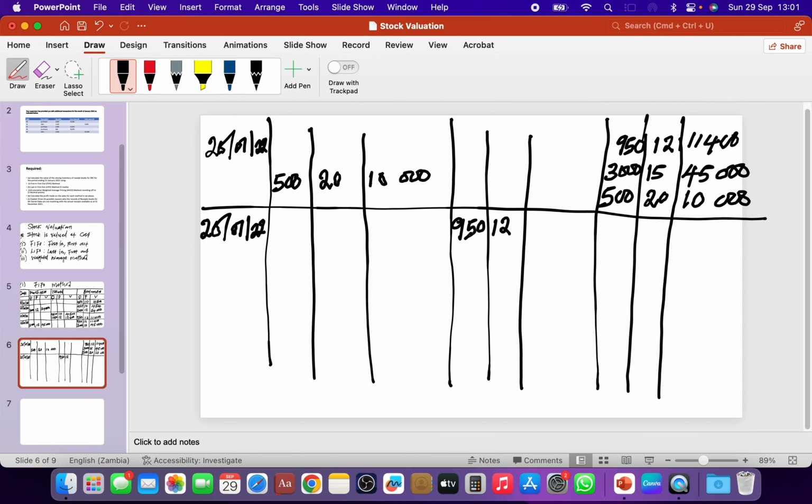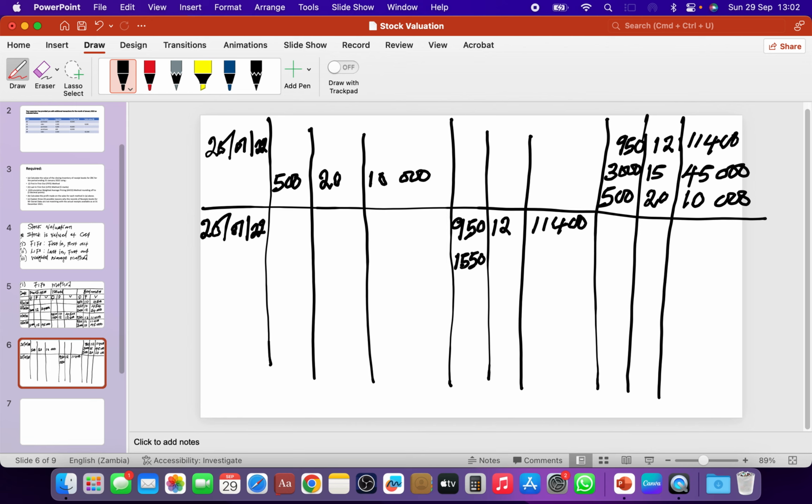If you multiply 950 by 12, it gives you 11,400. From there, remember the total units that we are selling is 2,500. From 2,500, we have given the customer 950. It means the quantity that has remained to give the customer is 1,550.